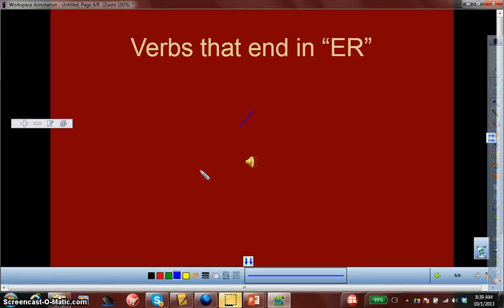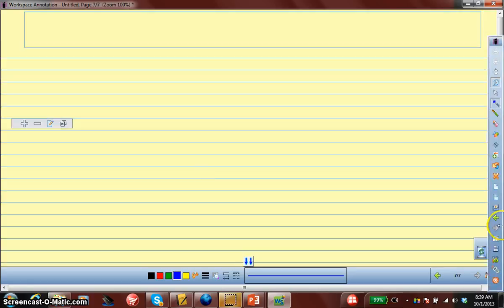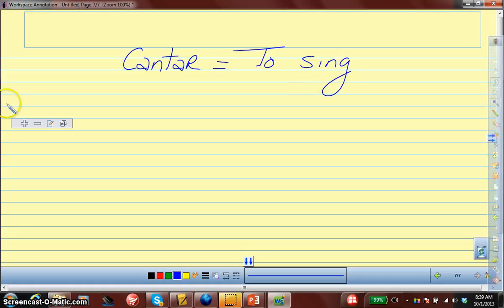Well, let's go ahead and do some verbs. Okay, if I give you this verb, cantar. This verb means to sing. Okay, I want you to conjugate it. So for yo, the root is going to stay the same, right?